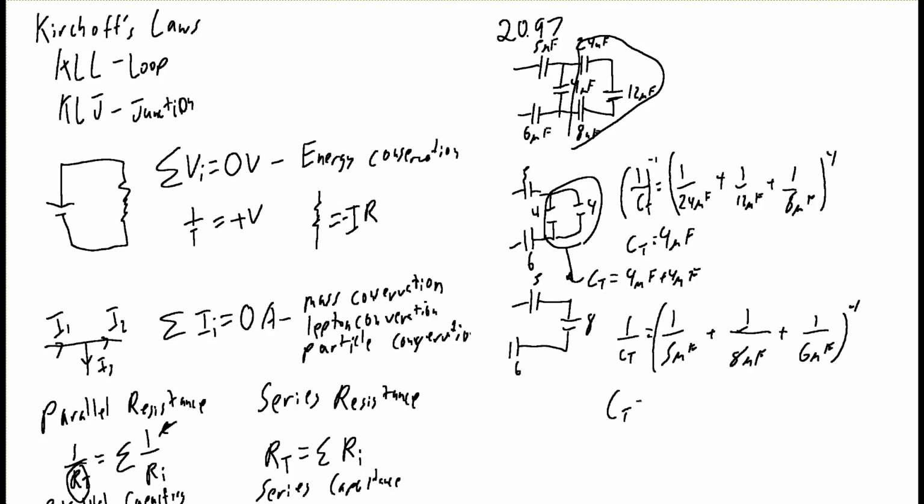CT is therefore equal to 1 over 5 plus 1 over 8 plus 1 over 6 and to the inverse. 2.03. 2.03 microfarad. Questions about that?